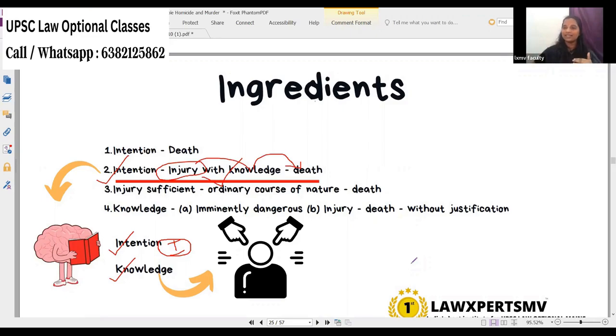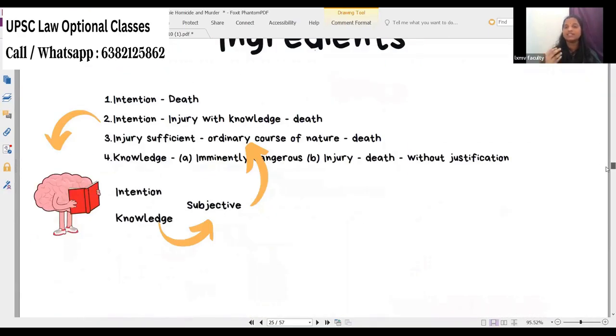So what others think and what you think is different. What is asked in this particular clause is the subjective satisfaction, that is, the subjective knowledge of that person. In reality, the injury that he is creating may not result in death, but he thinks that it will result in death. That is totally enough. That's what subjective knowledge means.